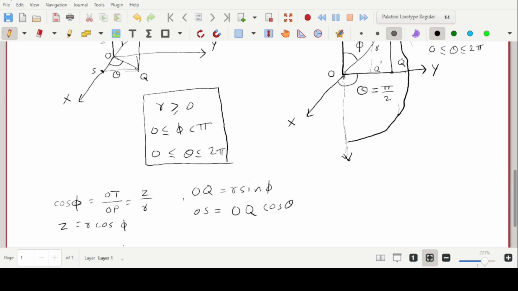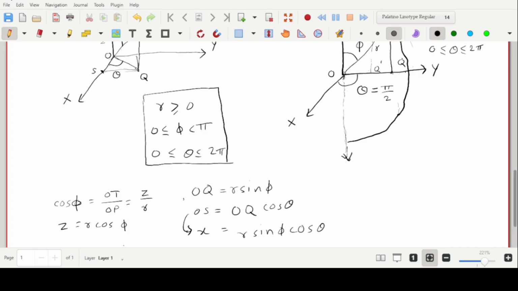Observe that this OS, as I stated earlier, is the x coordinate, so x is equal to OQ cos theta, which is r sine phi cos theta.